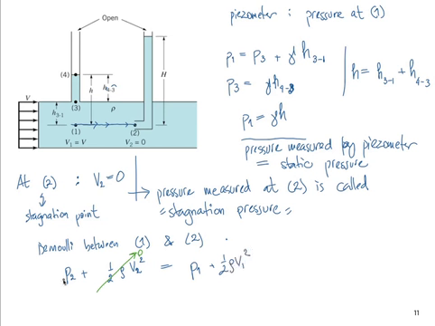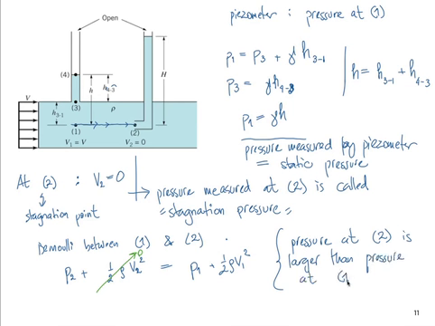So we note that the pressure at point 2 is larger than the pressure at point 1. And this pressure is the stagnation pressure, P2.